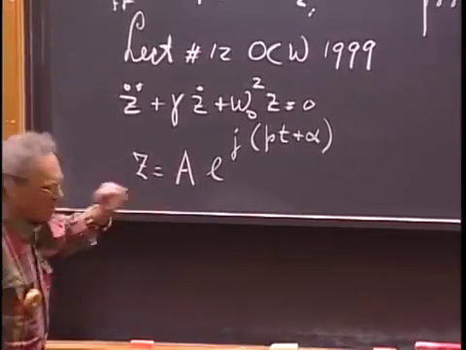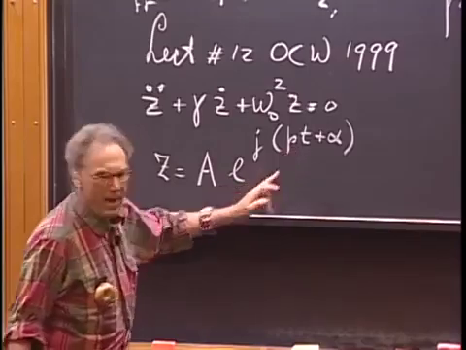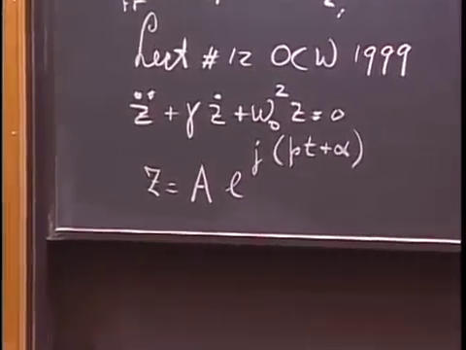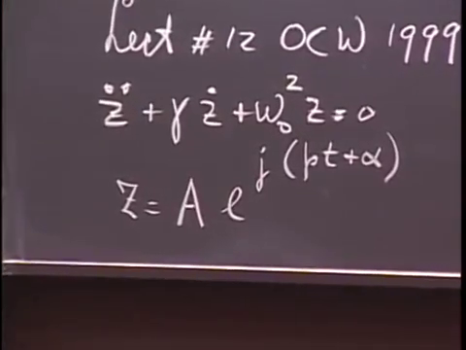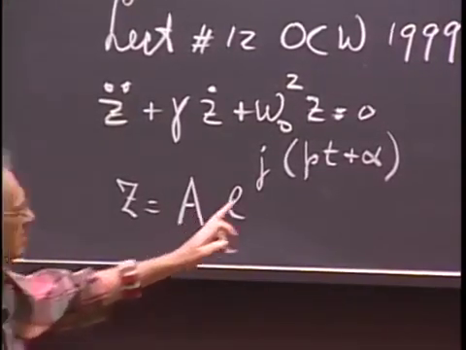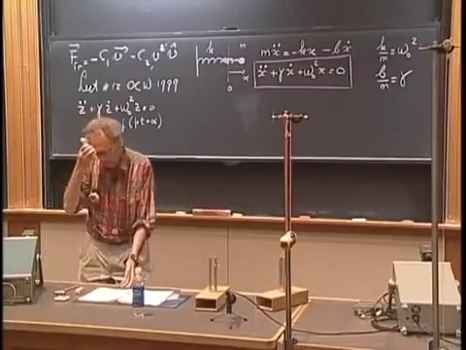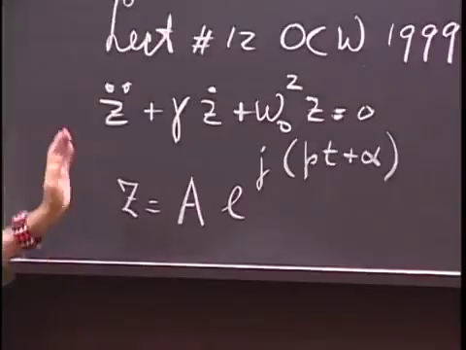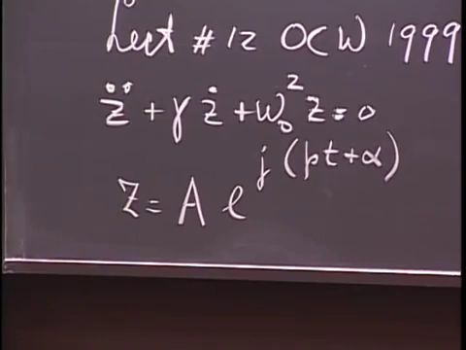Now clearly this has the smell of an amplitude, and anything e to the power jpt has the smell of a frequency. But you will see that you're in for a surprise with this p. Once we have found a proper solution for z, we take the real part and we are in business. Then we go back to x.